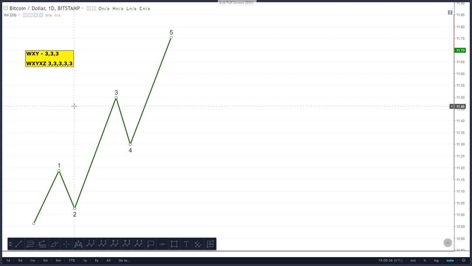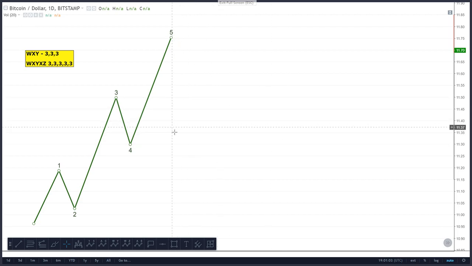They're the only places that the triangles can occur. But the other corrective patterns have no limitations. They can occur in W, X or Y, or W, X, Y, X or Z. They can occur absolutely anywhere. So an expanded flat, for example, can occur in any of these waves and any of these waves, or a running flat or a zigzag can occur in any of these waves and any of these waves.